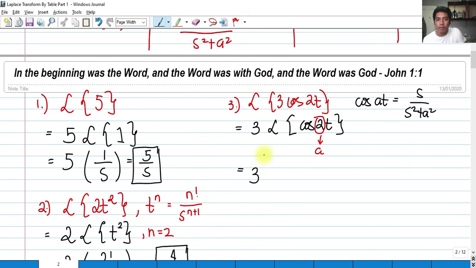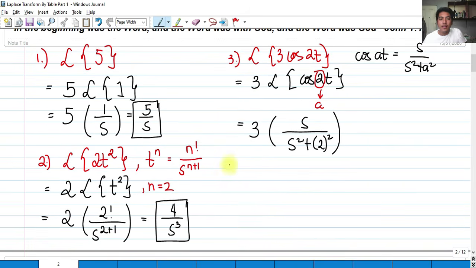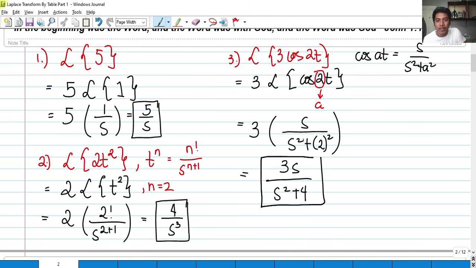We have 3 times the Laplace transform of cosine 2t, which would be s over s squared plus a squared, which is 2 squared. If we evaluate that, we have 3s over s squared plus 4. And this should be our Laplace transform for the given f of t, 3 cosine 2t.